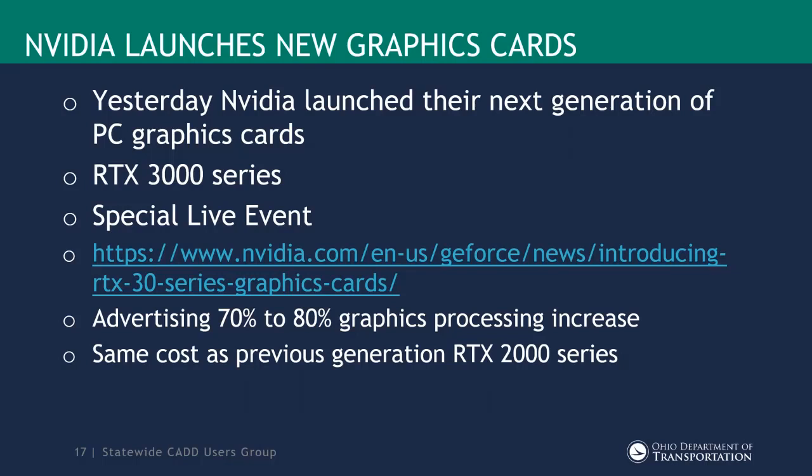I was looking back on history, and we haven't seen a generational jump in processing power like this since like 2004, which is huge. And it's going to be at the same cost as the previous generation graphics cards, which is pretty significant.